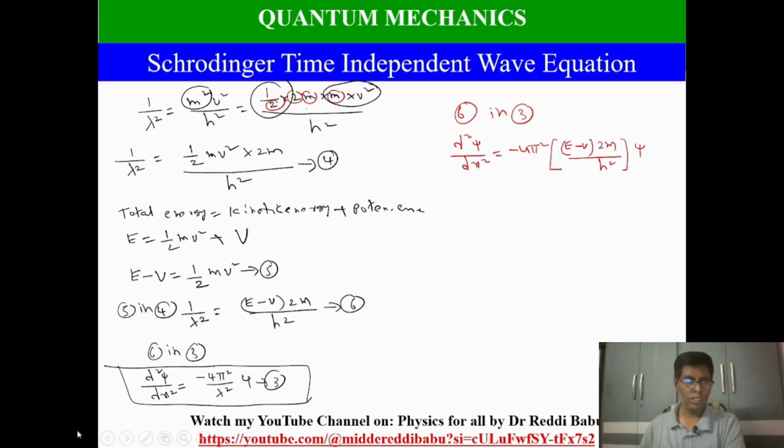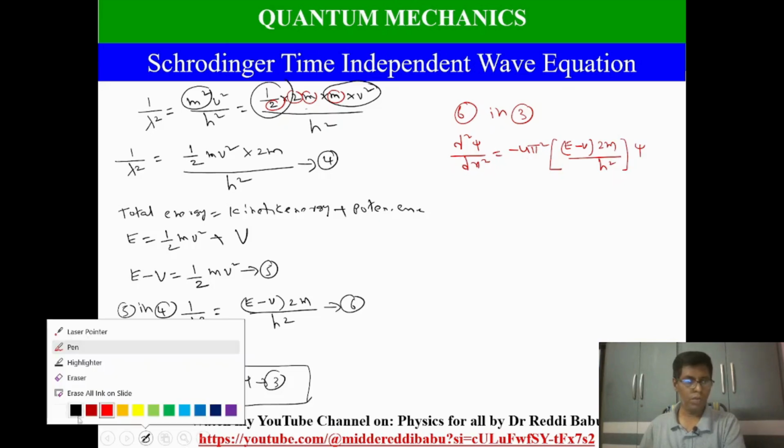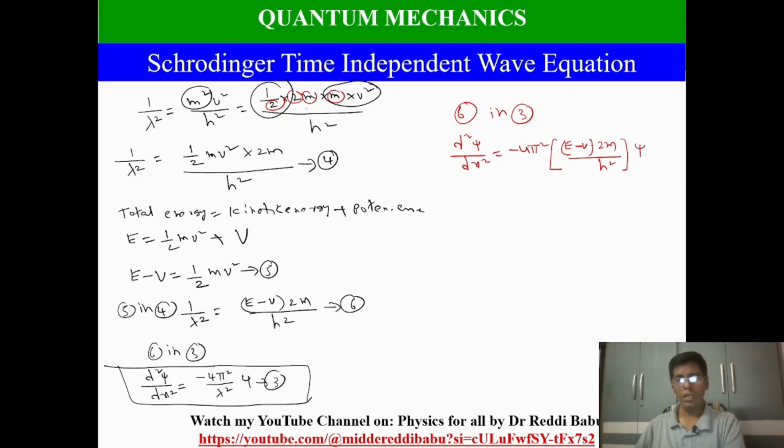Now what is the next step? Think carefully: multiply 4 and 2, 4 twos are 8. Then d square psi by dx square is equal to minus 8 pi square m into E minus V divided by h square into psi.